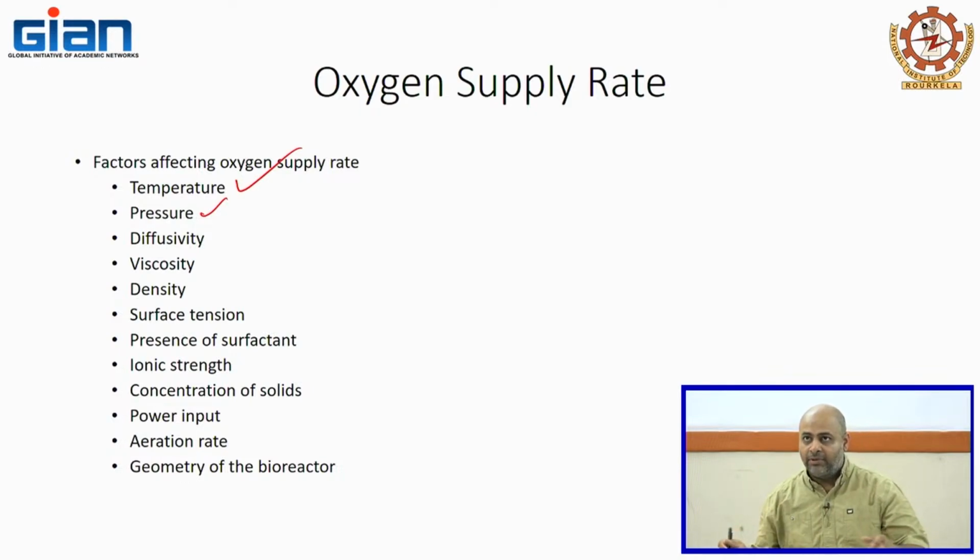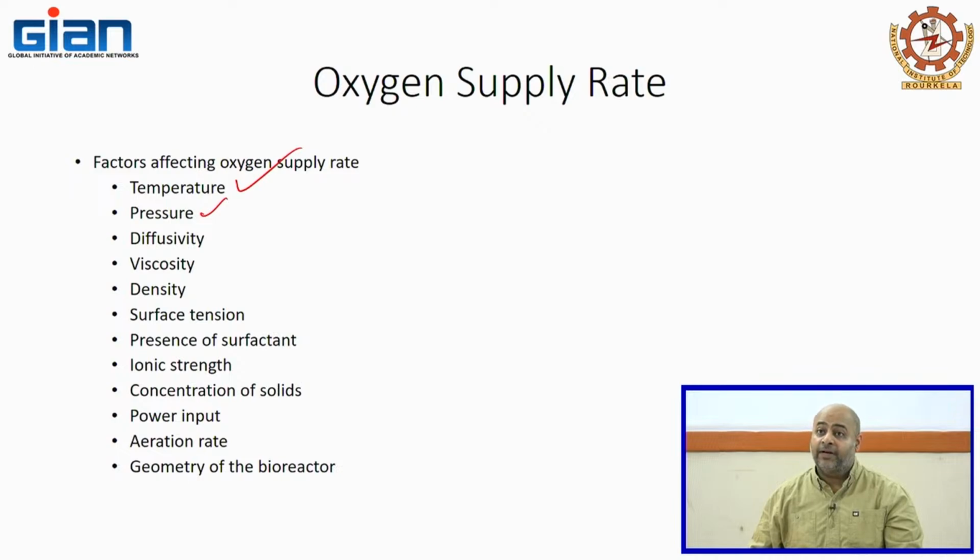In the medium, the diffusivity of oxygen in the medium, the viscosity of the medium, density of the medium, surface tension for the air bubbles. Surface tension will define, if I am correct, the thickness of the film.